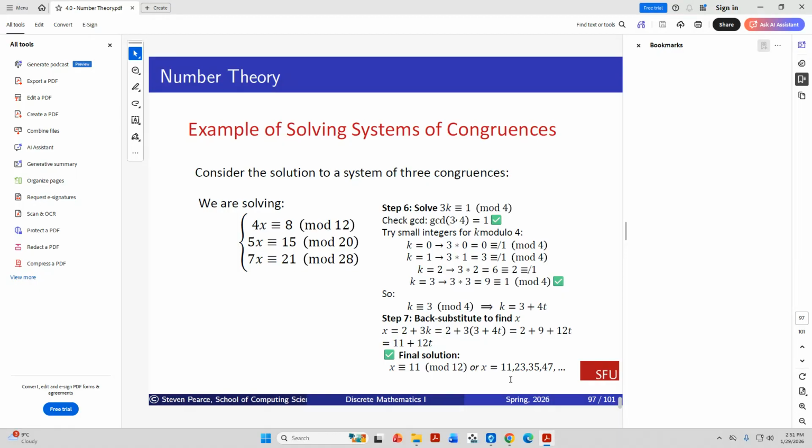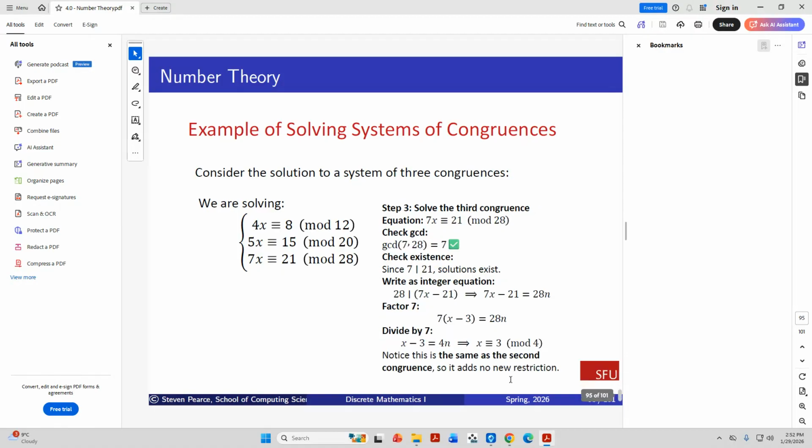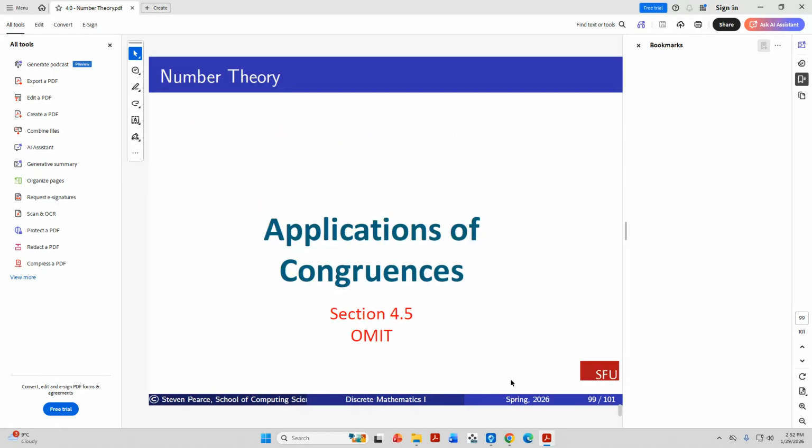So this is an excellent exercise. Solving a set of 3 linear congruences is absolutely essential that you practice and know this. This will be on the midterm, I assure you. And that's a different example.